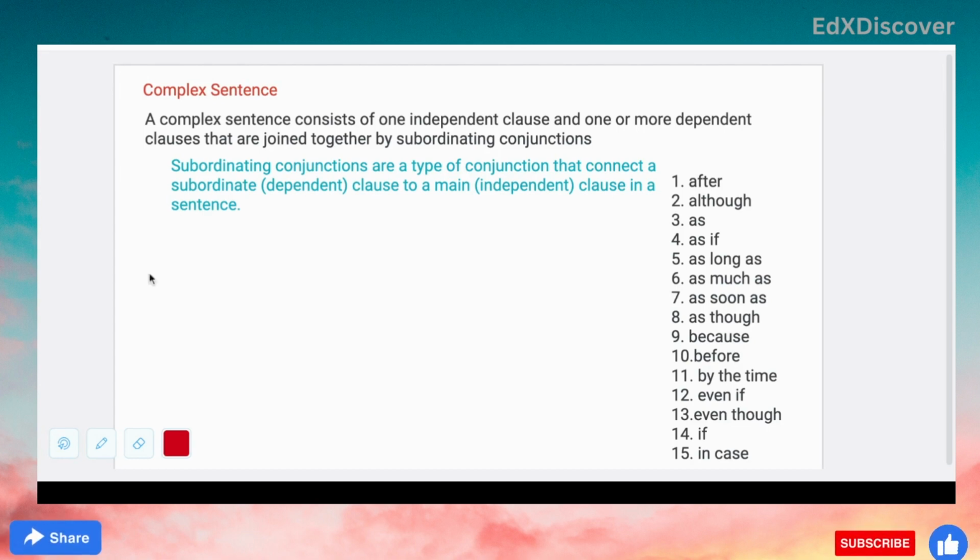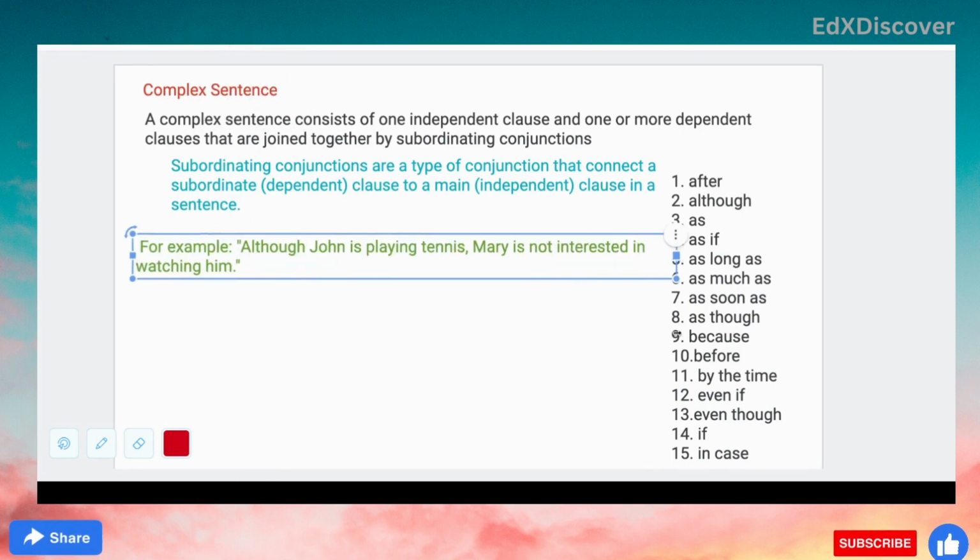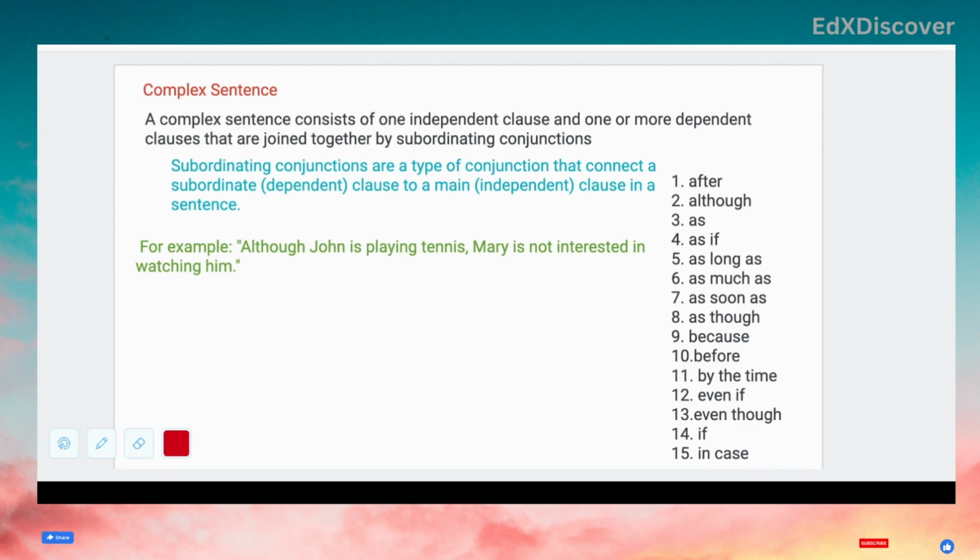This is an example we can give for complex sentences. Although it starts the sentence here, it can start or it can be in the middle of the sentence. It can be either.